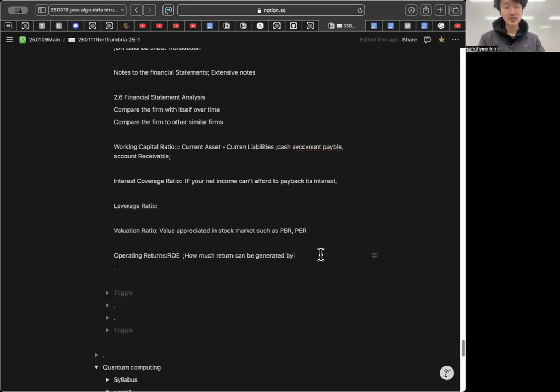And for operating returns, there are ROE, leverage ratio, and interest coverage ratio, which shows whether your net income can afford to pay back the interest. And working capital ratio. With these, you can compare the firm with other similar companies.